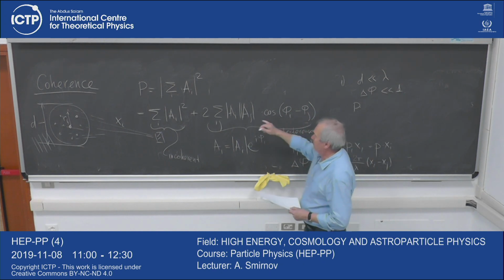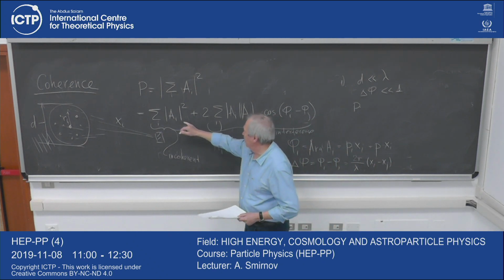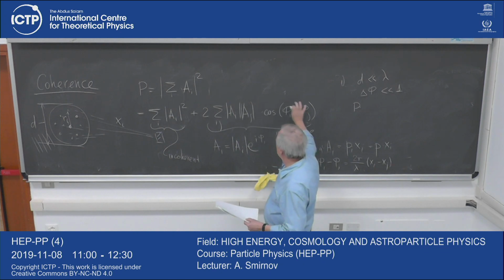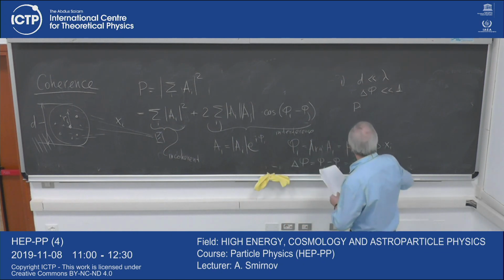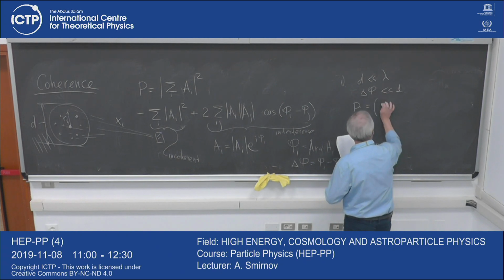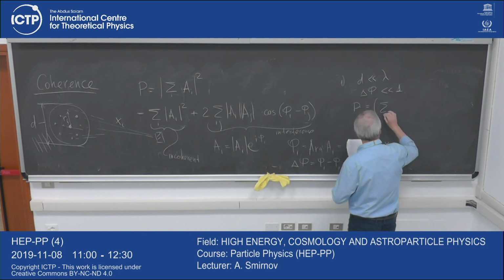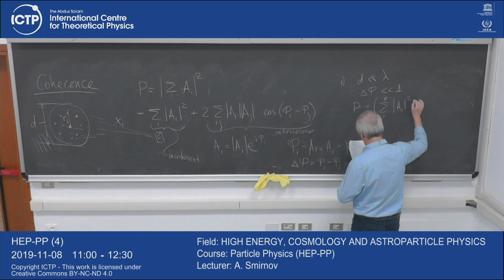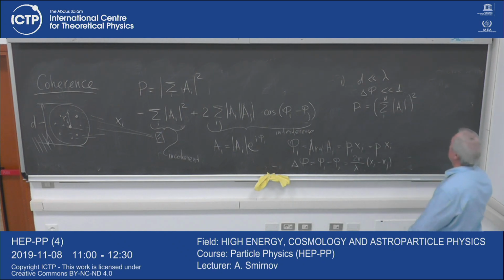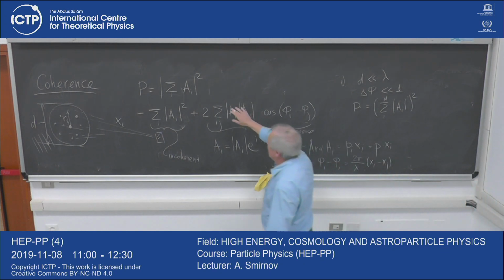And so what we have is that the probability is just given by the first term and the interference term without cosine, and it can be written as the sum over i of the moduli, squared. This can be obtained immediately from this expression.